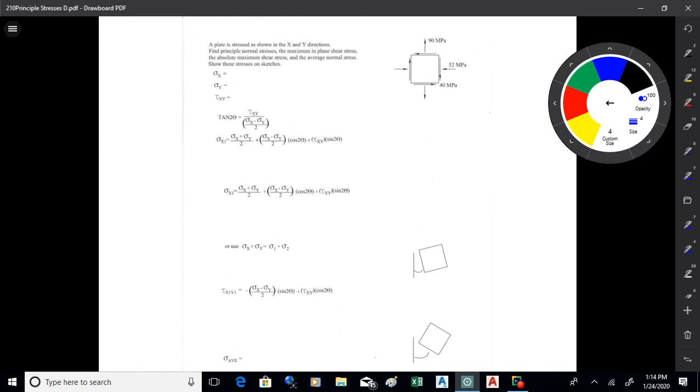So let's start by looking at a basic example of this, and figure out where these principal stresses are, the angles at which they act, and what their magnitudes are.